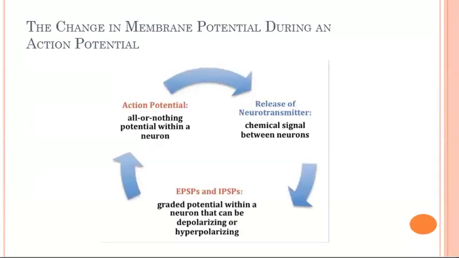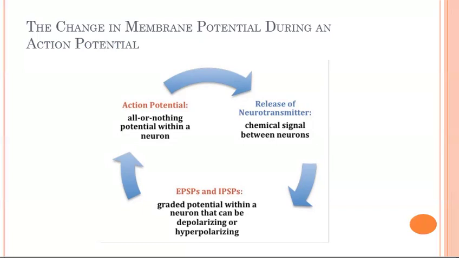So I spoke about previously which ions are involved in maintaining the resting membrane potential. And not surprisingly, some of the same ions are involved in the action potential. When the cell becomes depolarized or more positively charged and reaches the threshold of excitation, this opens a voltage dependent Na plus channel.